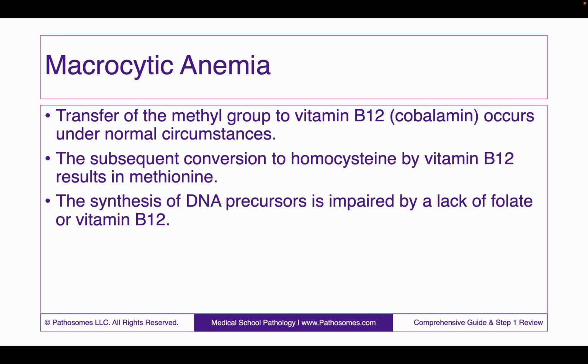The transfer of the methyl group to vitamin B12 occurs under normal circumstances. The subsequent conversion of homocysteine by vitamin B12 results in methionine. The synthesis of DNA precursors is impaired by a lack of folate or vitamin B12.